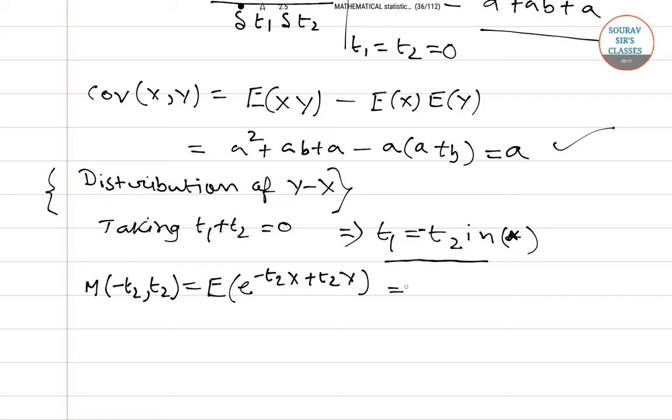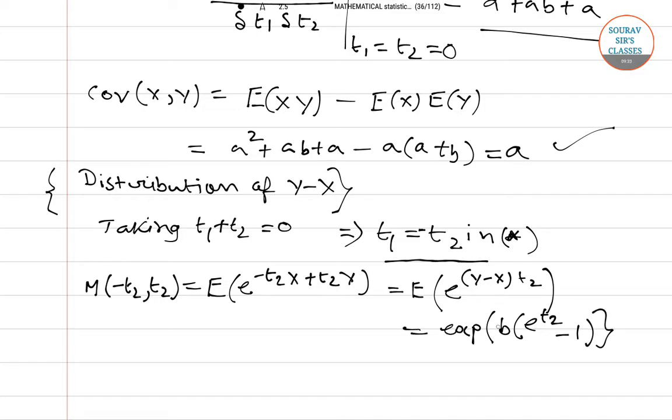Now this is equal to the expectation of e to the power (y minus x) t2, which is equal to e to the power b (e^t2 minus 1), which says y minus x tends to Poisson with parameter b. So we have found the distribution of y minus x.